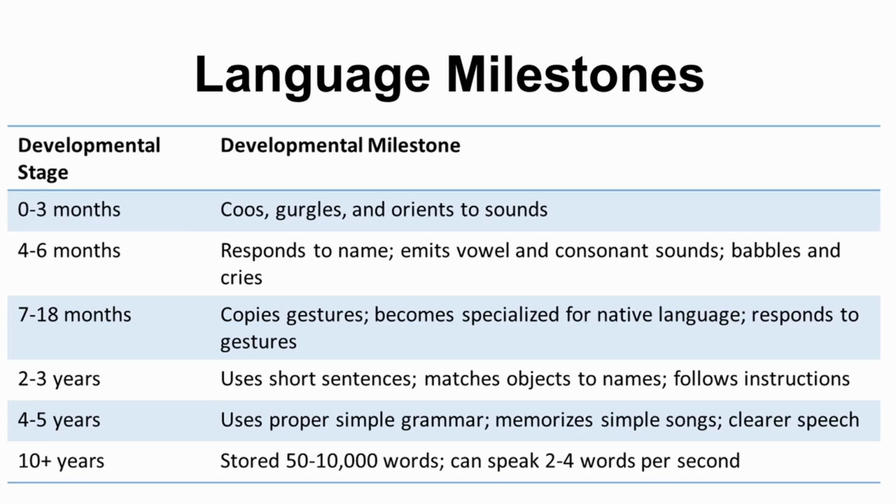We also see fairly early on that we produce different sounds, coos and gurgles, and eventually we start babbling. And babbling is really exciting because this is where we see that humans have this ability to basically speak any language. So if you look at all of the sounds included within a baby's babbling, especially in those early months, you are going to find all of those possible phonemes for all possible languages.